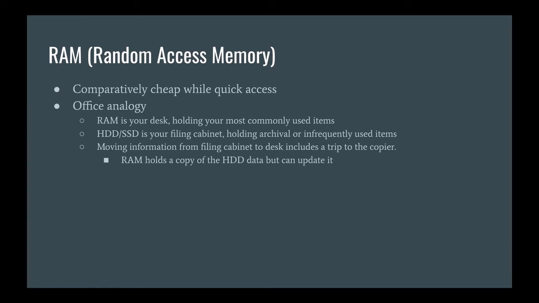So RAM itself stands for random access memory. Basically, if you consider an audio tape, that was a linear access memory form. Audio tape and reel-to-reel tape was actually used for computer memory for a long time.